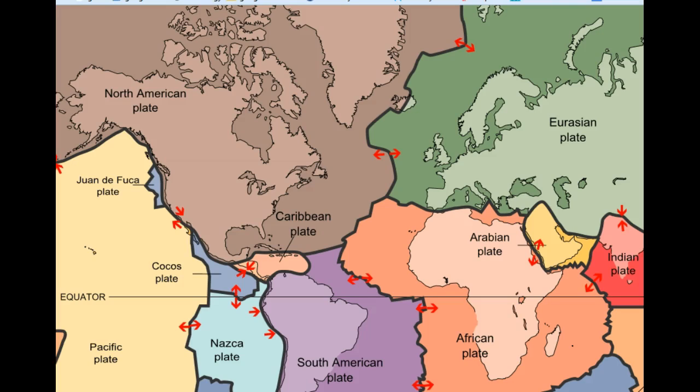Here's the Eurasian plate, but you can also see arrows on here, and that tells you the direction of each plate. So if we're looking at the Eurasian plate and this North American plate, they're moving away from each other because the arrows are saying what direction they're moving. And then this Caribbean plate and this Cocos plate are moving towards each other, and then this Pacific plate and North American plate are actually sliding by each other.